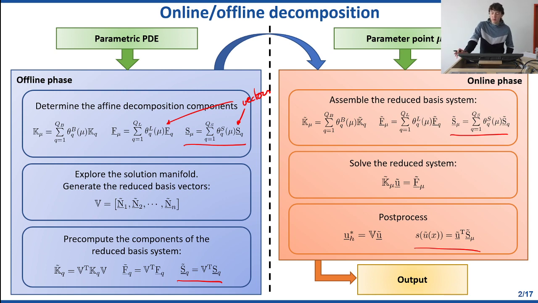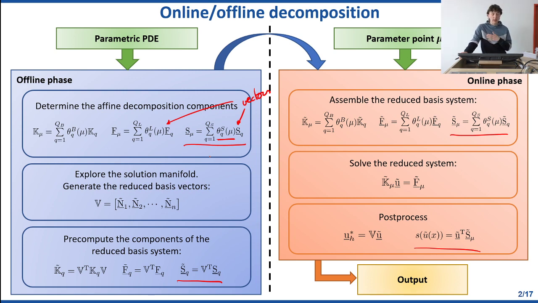And each of these vectors is again sought to be independent of our parameter, and this parameter dependency only shows up in that function theta. Right? That was the key property of an affine decomposition. So during the online phase, we do not only want to get the affine decomposition of our stiffness matrix and our force vector, but now also of our output functional. And this functions in exactly the same way as for the force function.